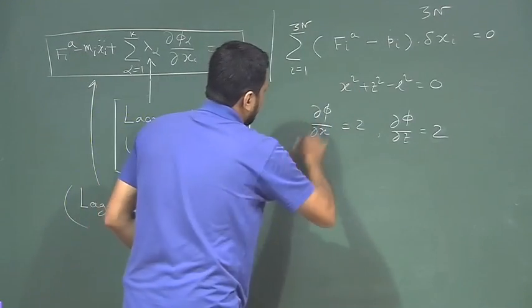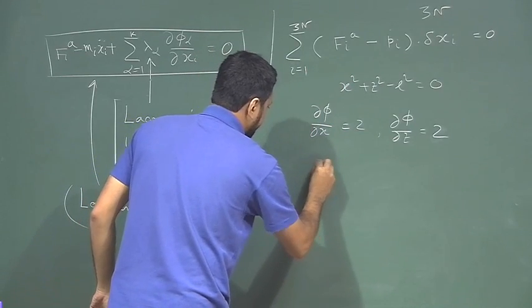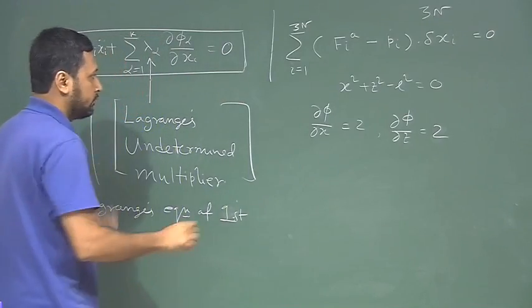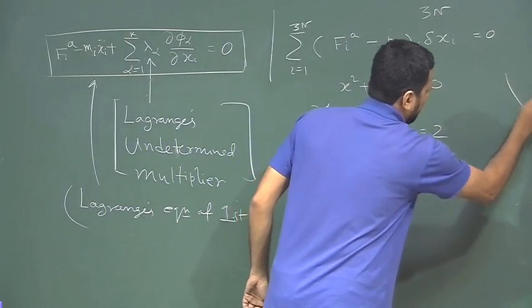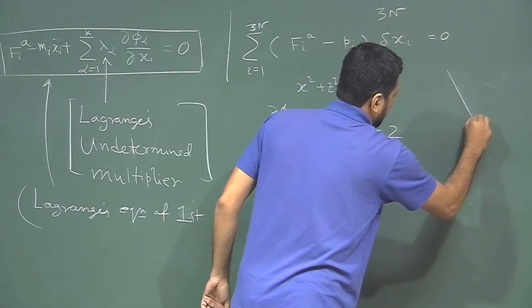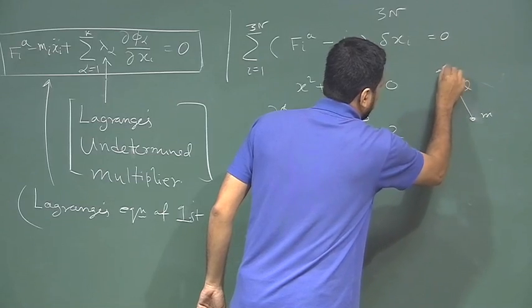So, for simple pendulum, we can write two equations. For x there is no force. This is my m and this is my L, that is the length, okay. This is my support.